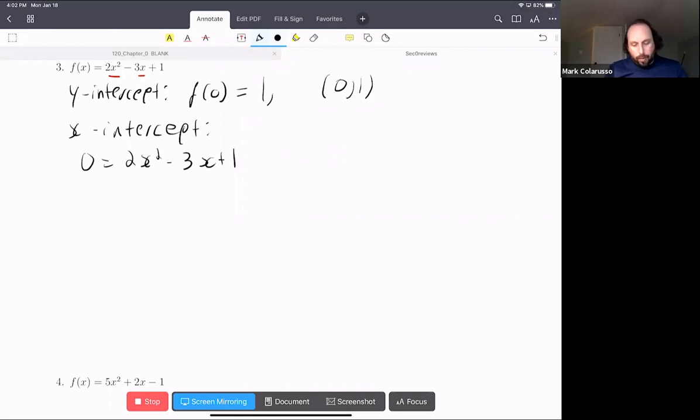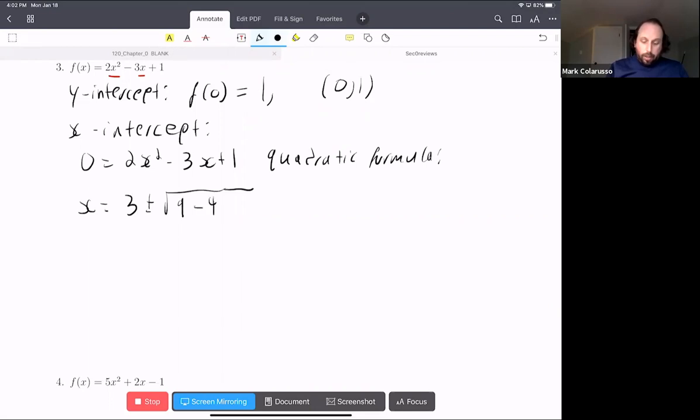Or you can try to factor it by hand, but it does have not so awful roots, but maybe we should try the quadratic formula. So x is equal to minus b, which is 3, plus or minus the square root of b squared, which is 9, minus 4 times a, which is 2, times c, which is 1, so we don't have to worry about that, divided by 4.